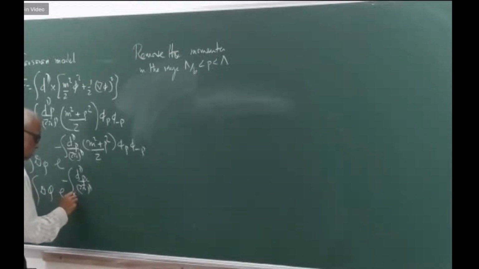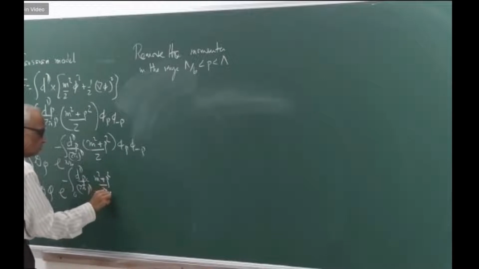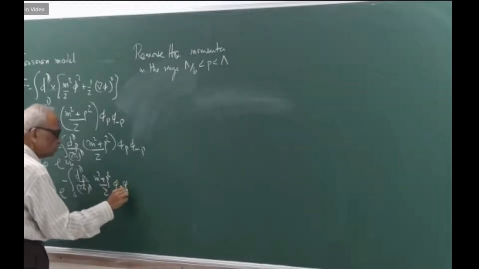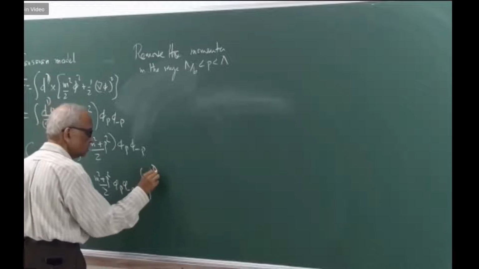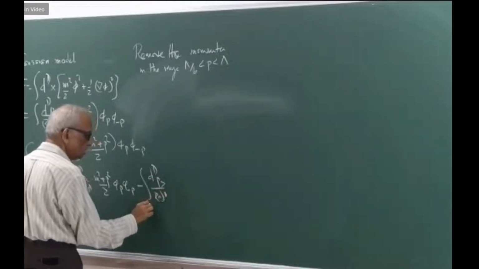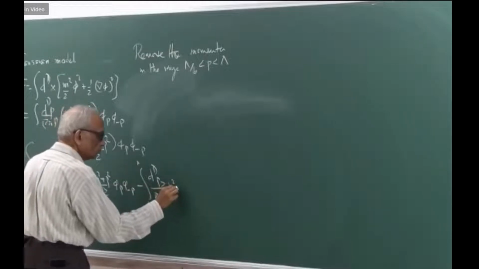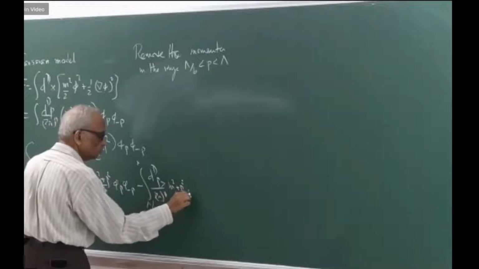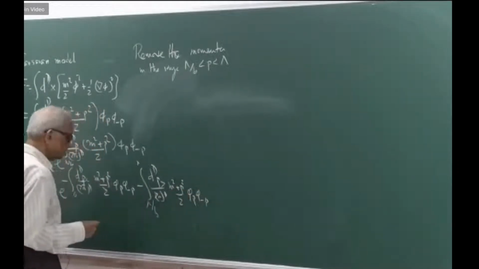And I split this into 0 to lambda over b, m square plus p square over 2, phi p phi minus p, minus integral d^dp over 2 pi to the power d, lambda over b to lambda, m square plus p square by 2, phi p phi minus p.